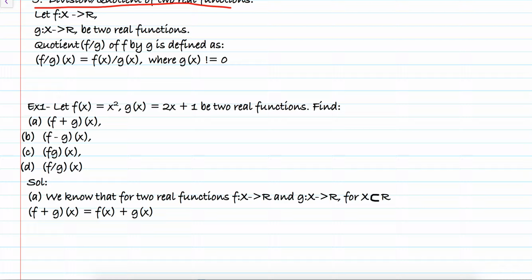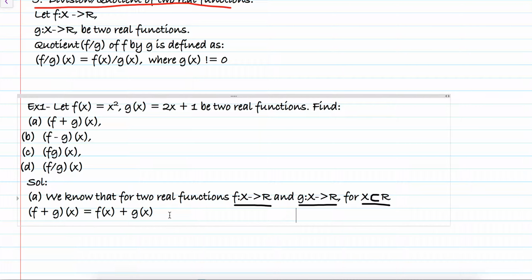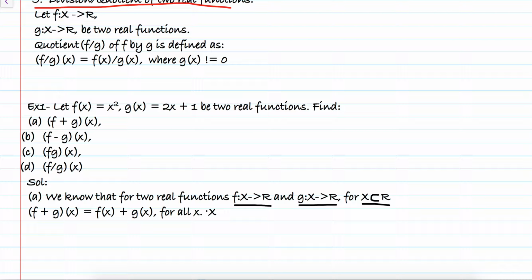So if X is a subset of real numbers and f(x) and g(x) are two real functions, then we define (f plus g)(x) by this f(x) plus g(x) for all x belonging to this capital X. So this is our statement.